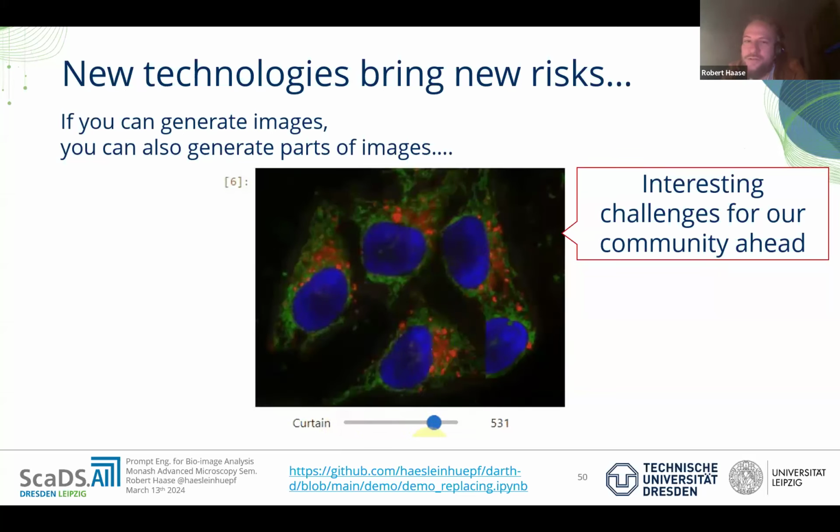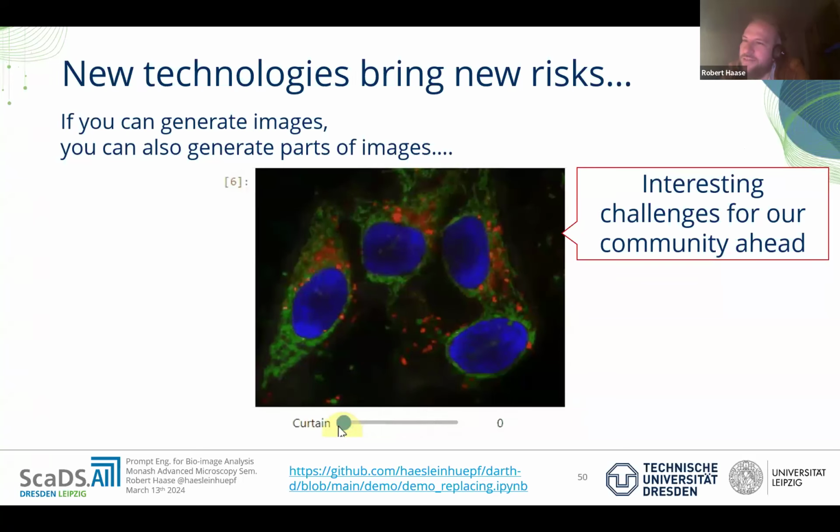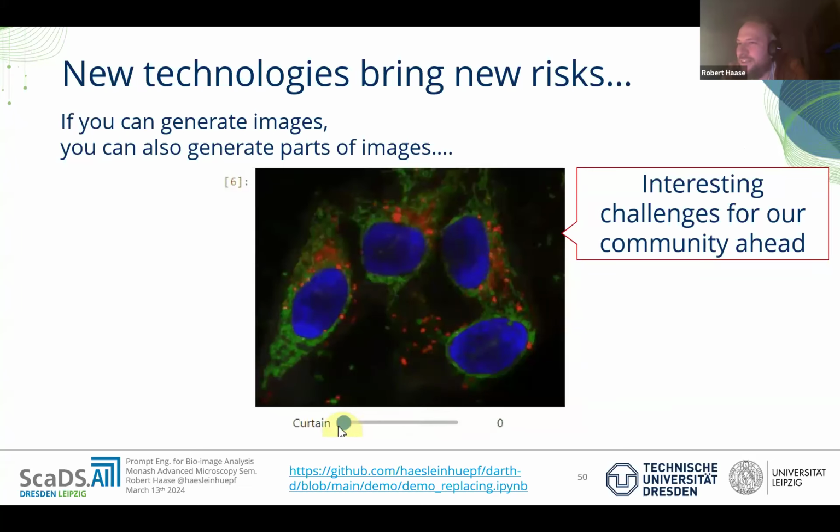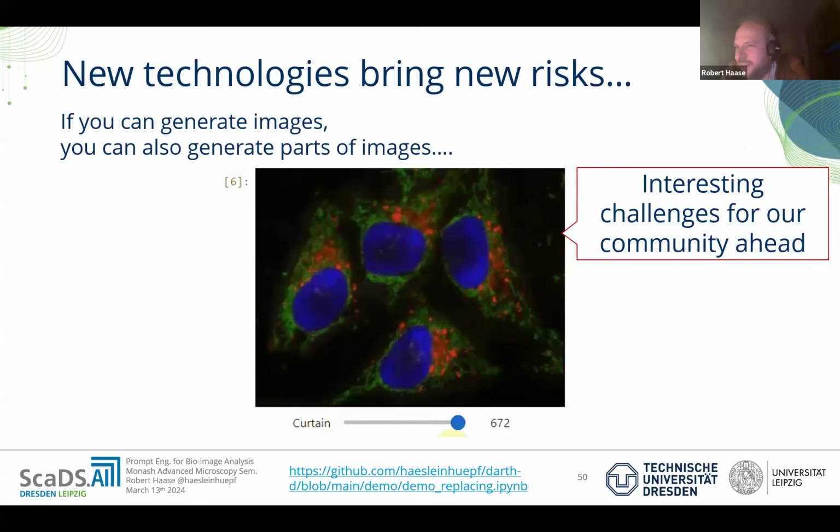So I asked a colleague of mine, Jan Brocher, who is a bit of an expert on this, how to identify images which were manipulated. While it was quite easy if somebody crops a cell from one image and moves it to another image, there were techniques for doing this.